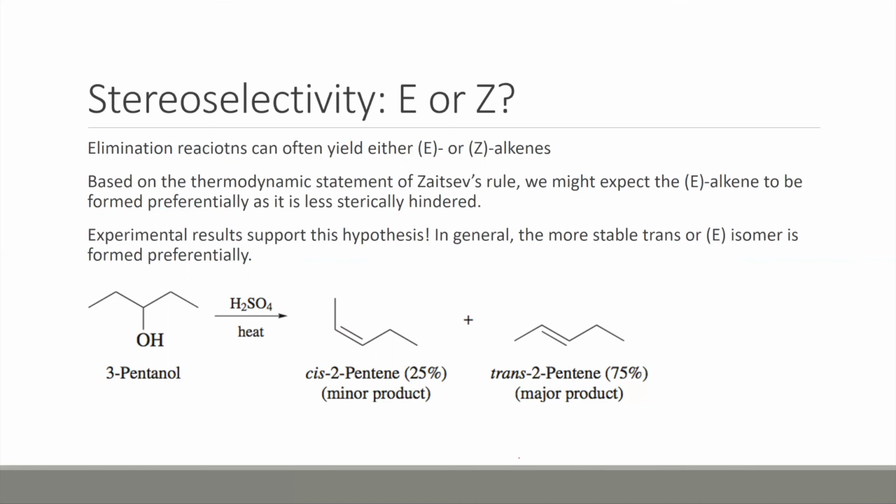And experimental results support this hypothesis. So in general, the more stable trans product, or the E isomer, is formed preferentially when forming double bonds. So again, the trans formation is going to be the major product generally when making these double bonds via elimination.